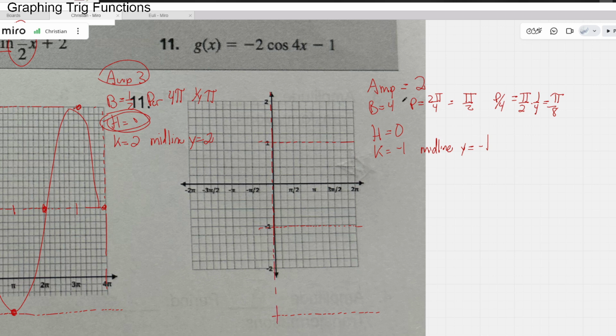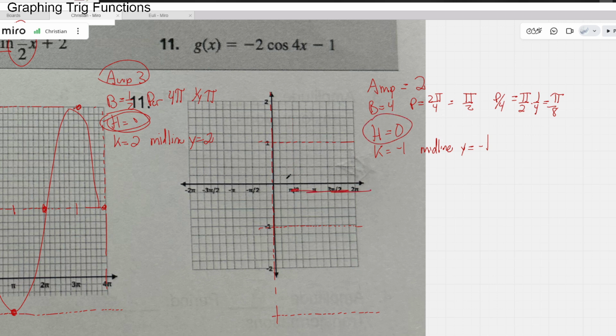Luckily again there's no h, because those are the worst when it has that horizontal shift. My period is pi over 2. If I draw it like there, my graph is going to be super condensed and steep.